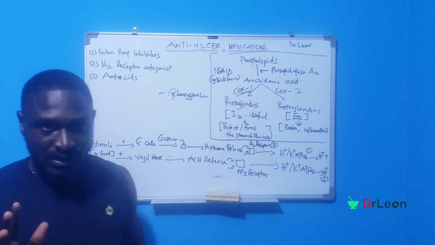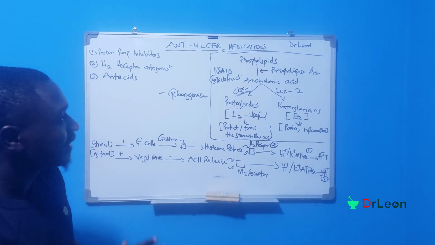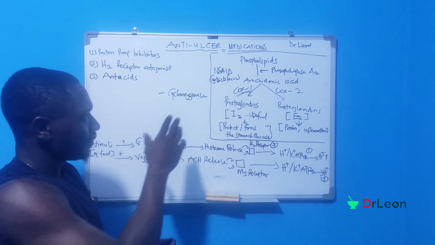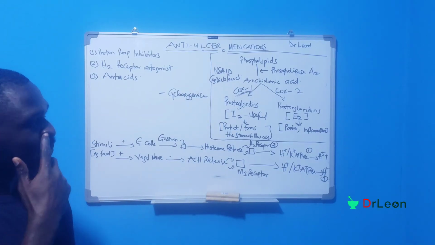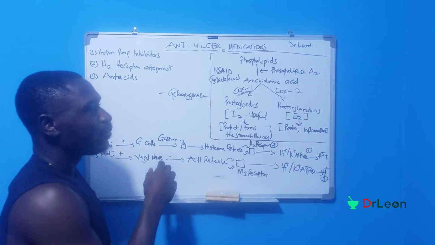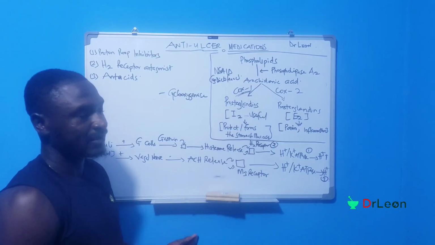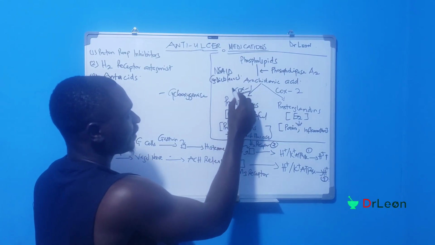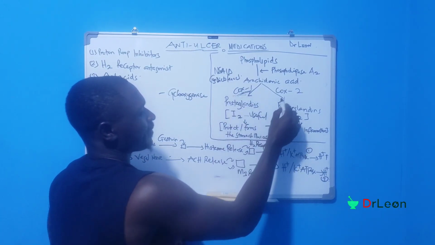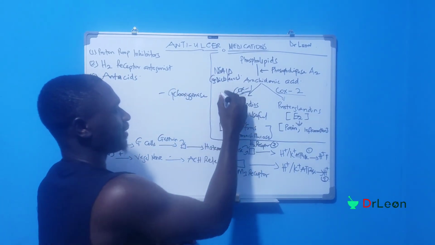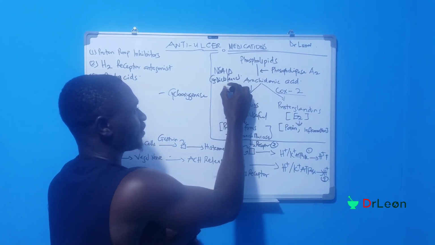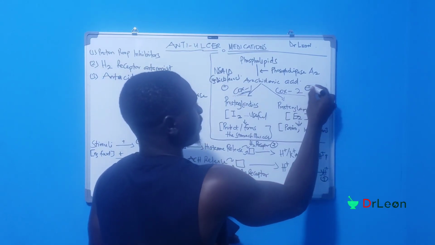What they do is, with these types of NSAID, for example diclofenac, they block both enzymes. They will block this enzyme as well as this enzyme. So they are blocking both enzymes. So they will block this, they will block this.